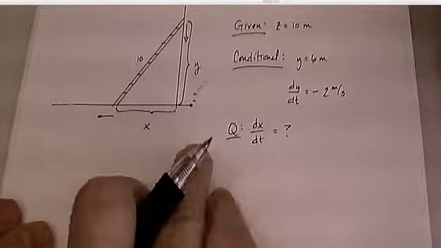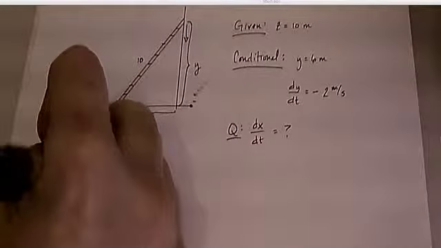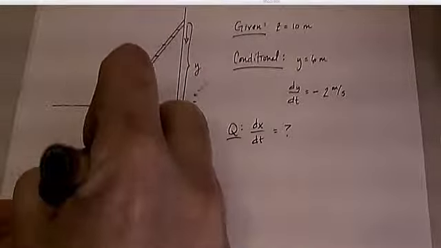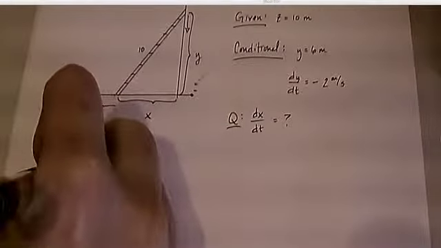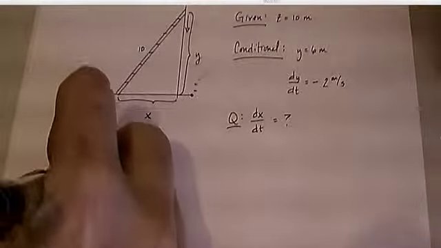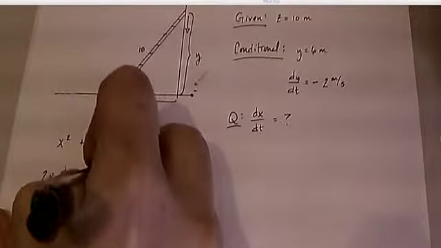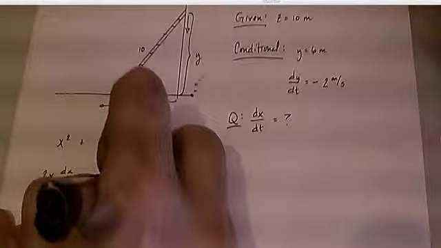I know that x squared plus y squared is equal to 10 squared. This is a Pythagorean relationship. Now I know that means I'm going to get 2x dx/dt plus 2y dy/dt is equal to 0.